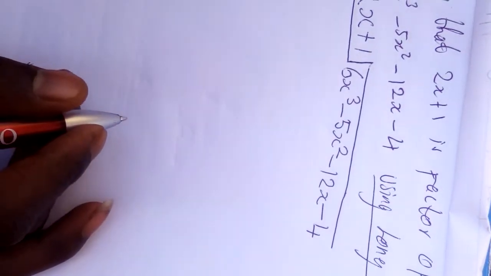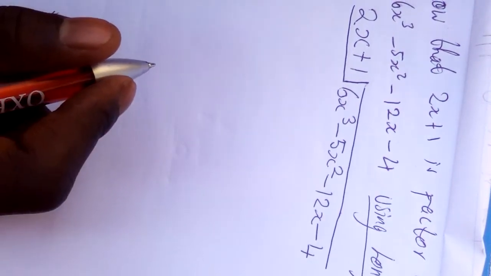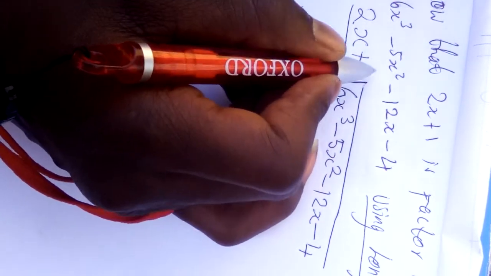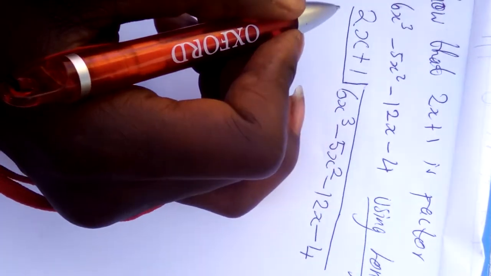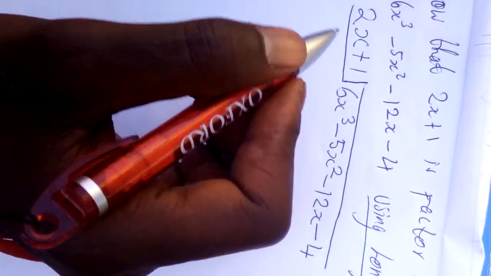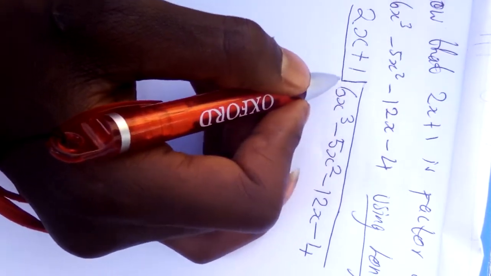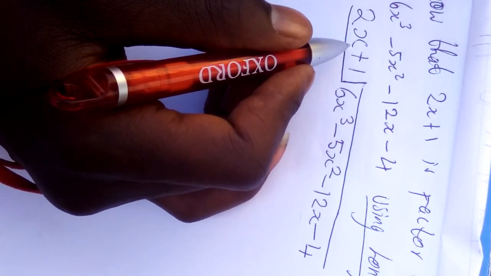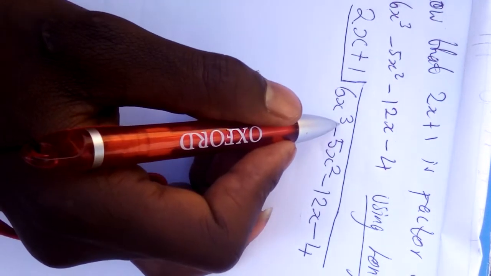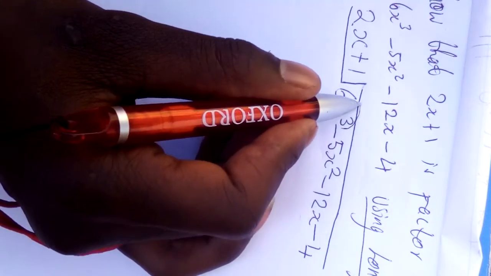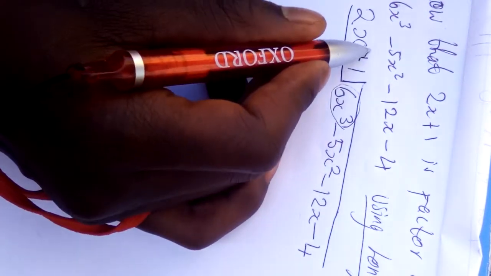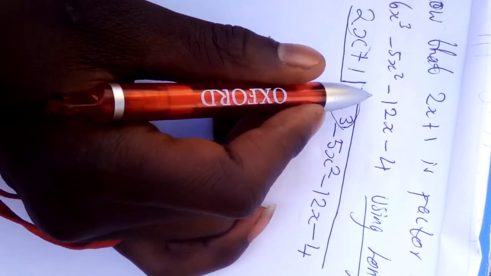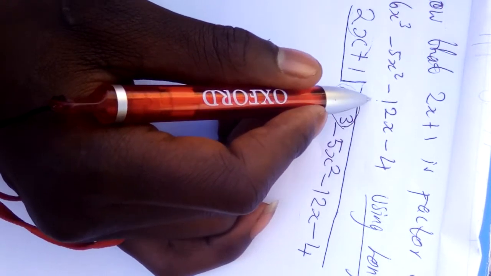The first thing that you have to do is to look at these values. They are called the divisor, because it's the one that we are going to divide the whole thing with. You understand? So we are going to divide the first term by 2x and then write that number on top of our equation.